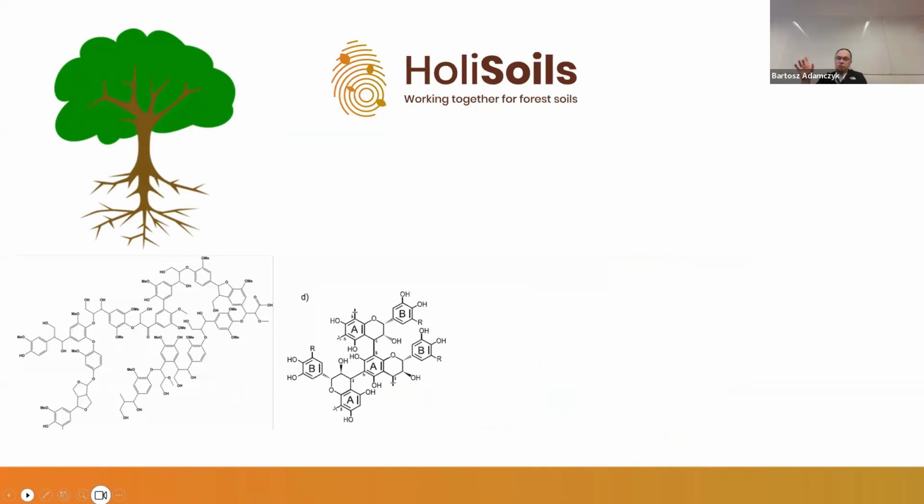Yes, here I wanted to show you a mechanism which I managed to study and publish still before the HoliSoils, but we worked on it a bit more inside the HoliSoils, because quite often we think about litter as separate chemicals. Okay, something is going to the soil and it will stay there forever.